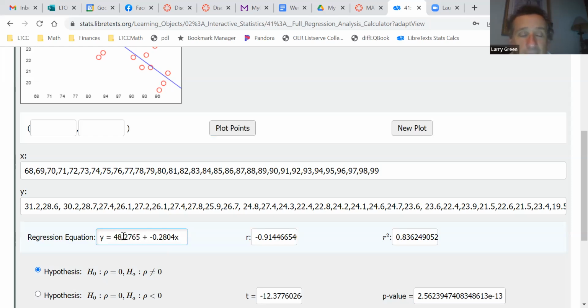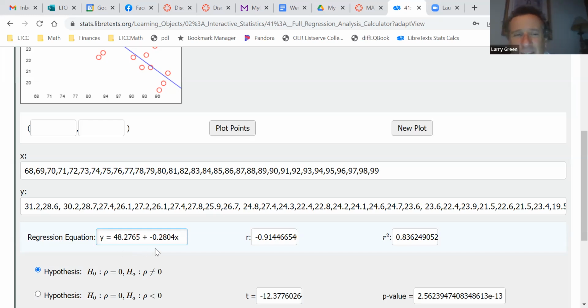Okay. And the slope, what's the slope? Also very easy to read. That's a big hint. It's pretty hard to get this one wrong. The negative 0.2804. Yeah, so negative 0.2804 is the slope. I know this sounds weird because you're used to mx plus b.